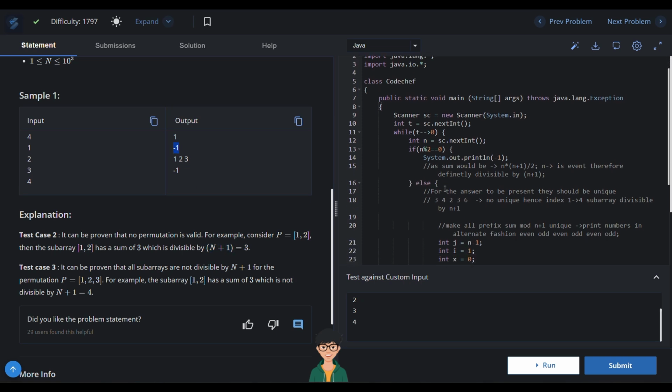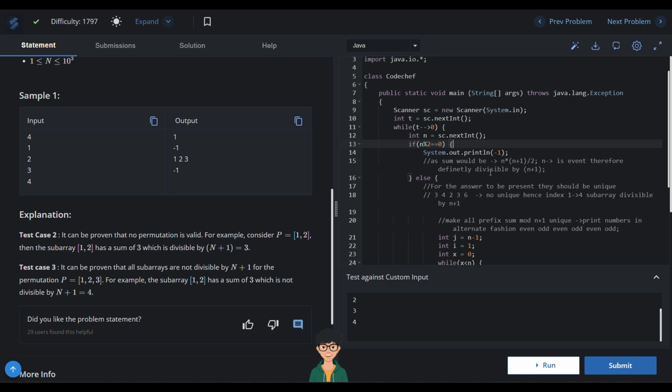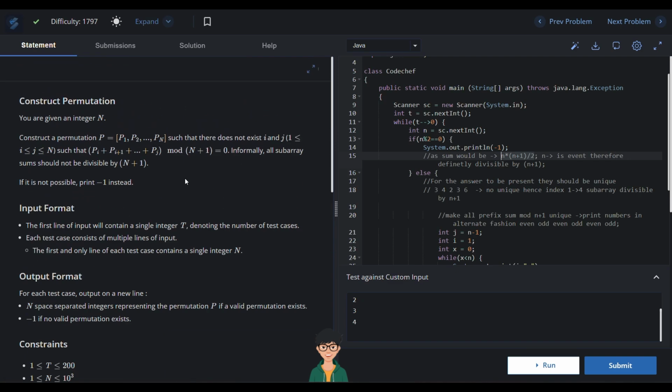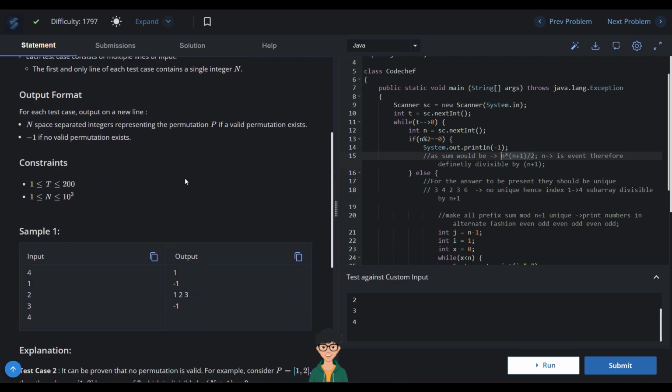The important observation in this question was how much the maximum sum can be if we take the whole array. It will be n into n plus 1 divided by 2, because we construct a permutation, so the numbers will be from 1 to n.